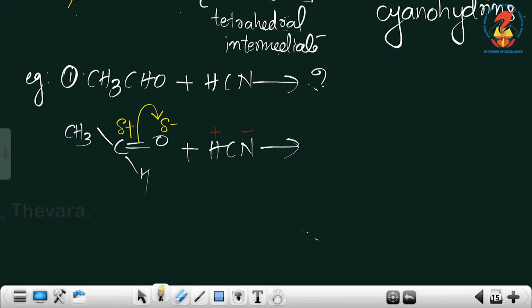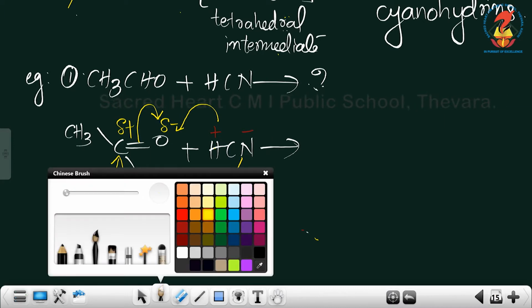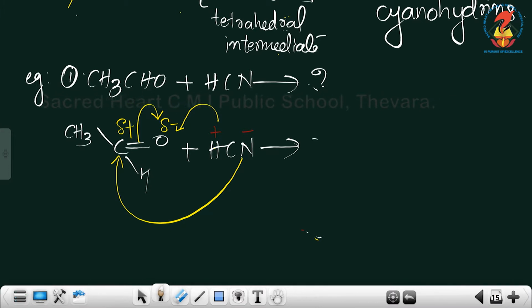H plus, being positively charged, will be attached to the negative center. Which is the negative center here? Oxygen. And CN minus will be attached to the positive center, that is the carbonyl carbon. So how can we write the product? CH3, single bond, the C single bond H we can write as CH itself.